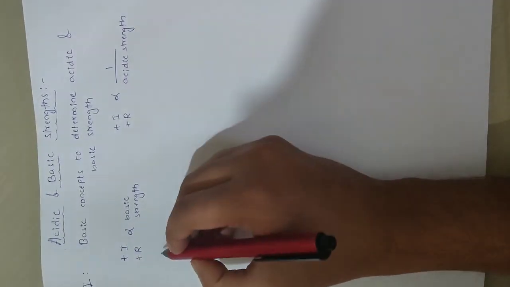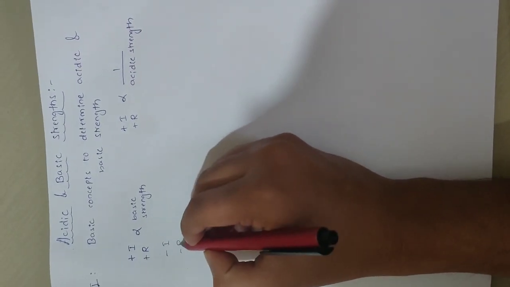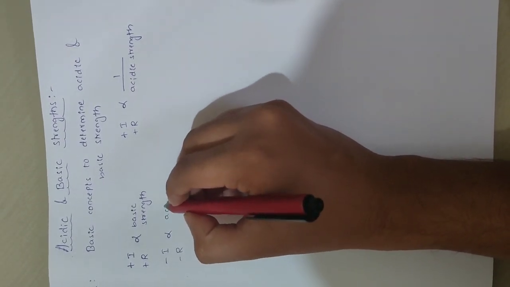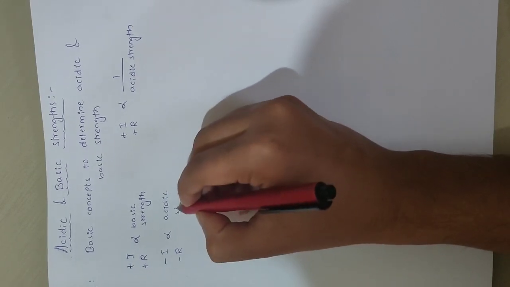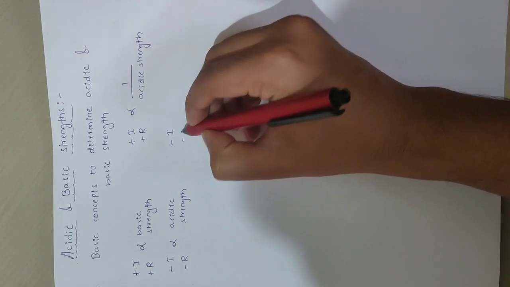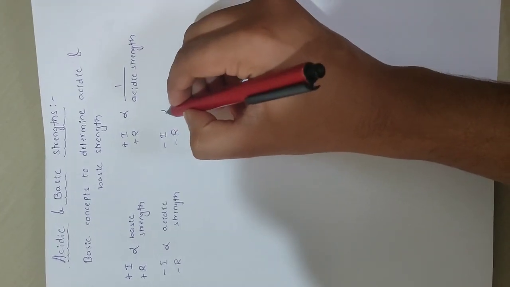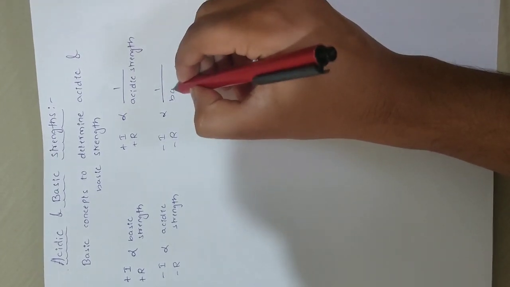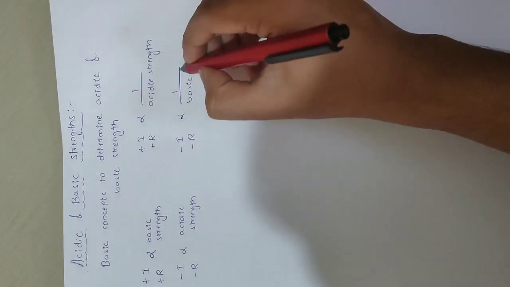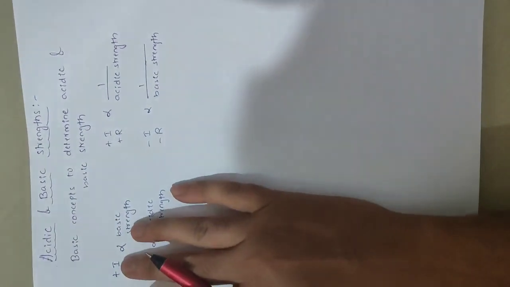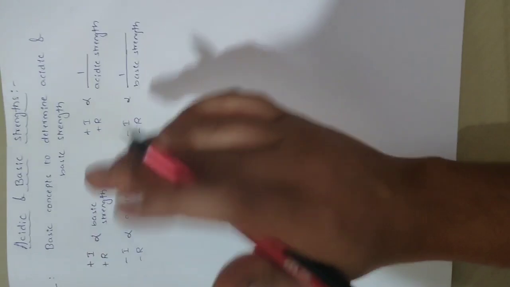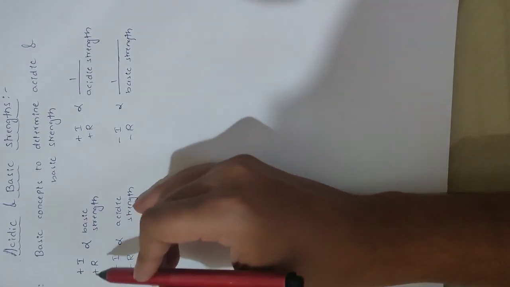In the other order, minus I and minus R effects are directly proportional to acidic strength, and similarly minus I and minus R are inversely proportional to basic strength. So in order to find any acidic and basic strength, you should know all these four rules, then only can we determine it very easily. This is our first step.